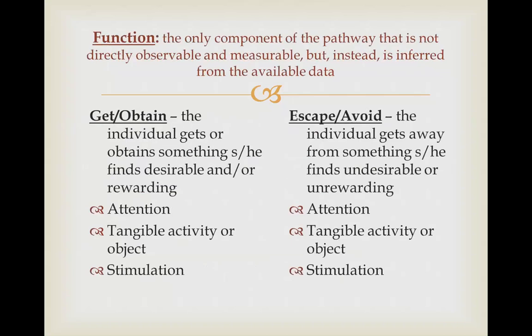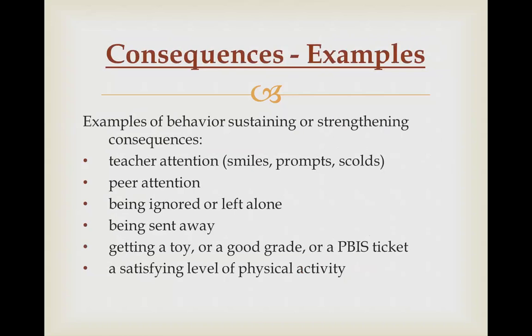All right, so that's consequences. That's the fourth noun in the behavioral pathway, right? If we think about the behavioral pathway, what goes in the rectangles are nouns, and what connects them, the arrows, are verbs. It's important to know both. I haven't made that explicit, but I've said setting events operate on antecedents.